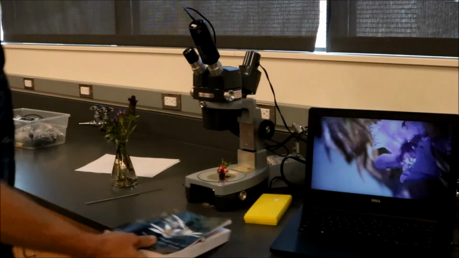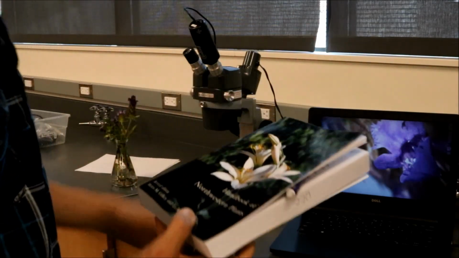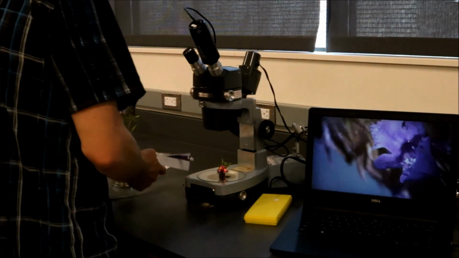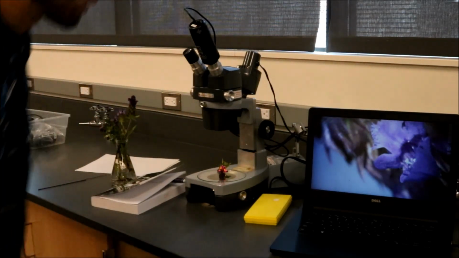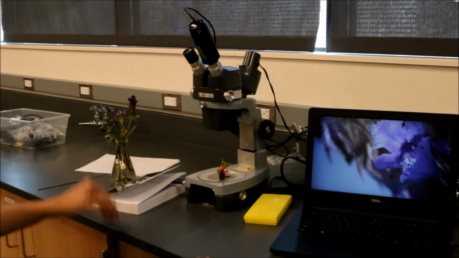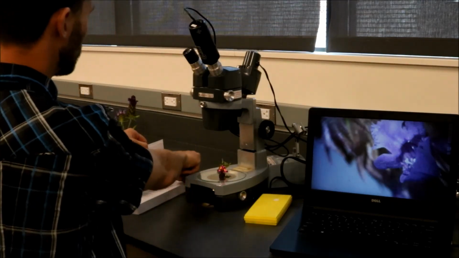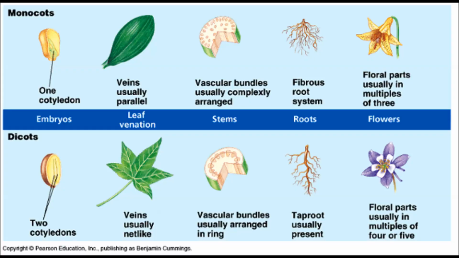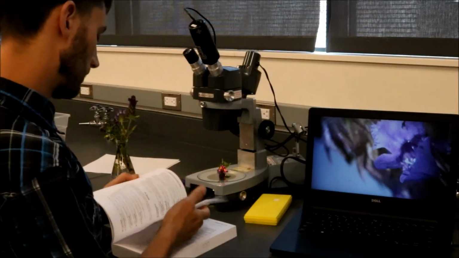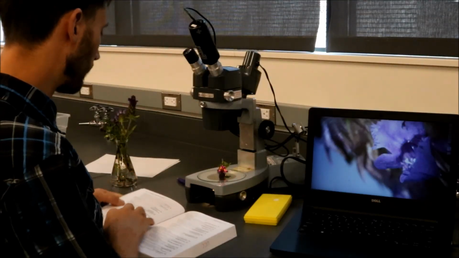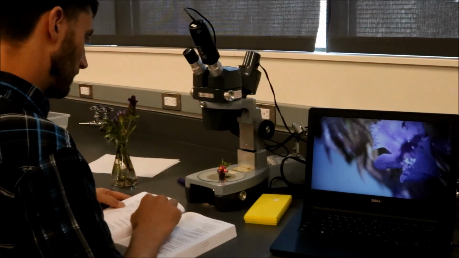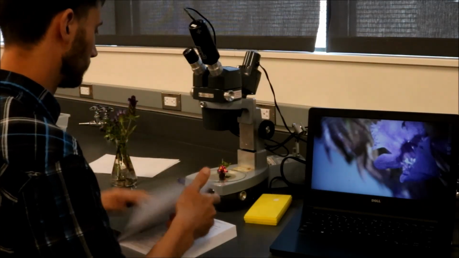Again, we'll be using the handbook of Northwestern Plants by Botany and Dendrology. We start out with separating the keys into either monocots or dicots. One feature that we'll be using to determine that this is a dicot is the vein pattern.